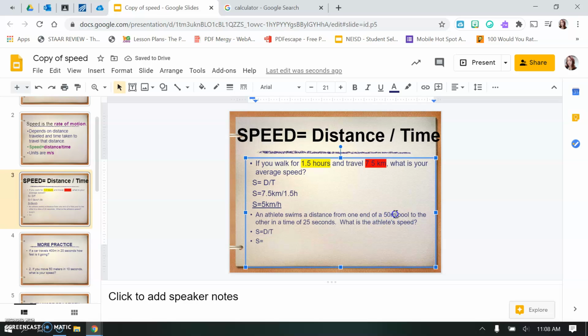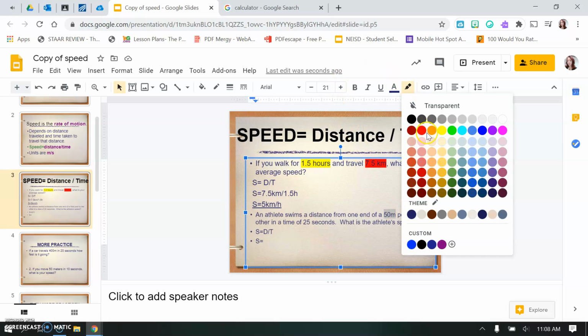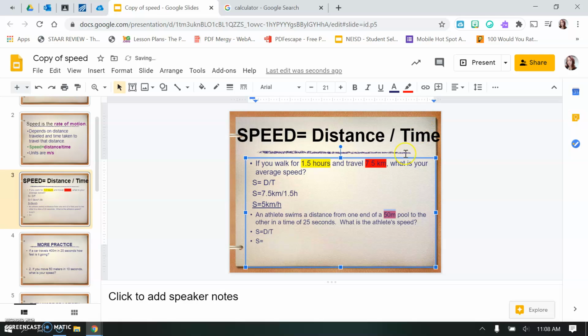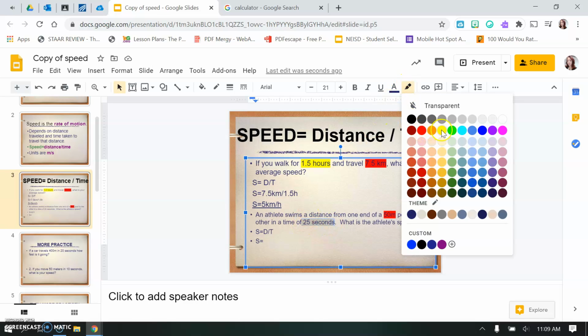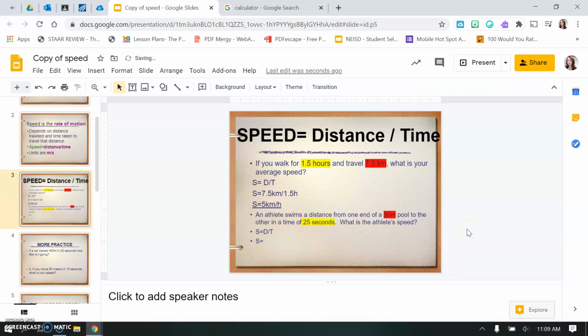Let's highlight our distance. M stands for meters, and meters is a distance. So we can highlight our distance. Then you find the time. The time was 25 seconds. So you can highlight that yellow. So an athlete swims a distance of 50 meters in 25 seconds.